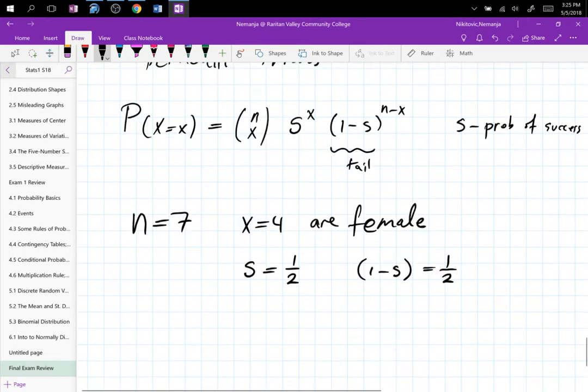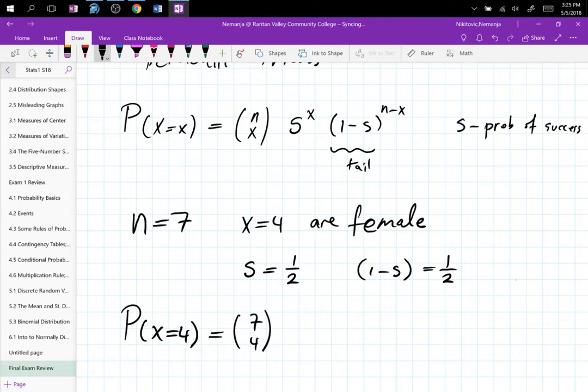So now, what do we have? We have the probability of exactly 4, so that's the correct notation, x equals 4. It will be 7 choose 4 times 1/2 to the 4, and then 1/2 to the 7 minus 4, which is 3.